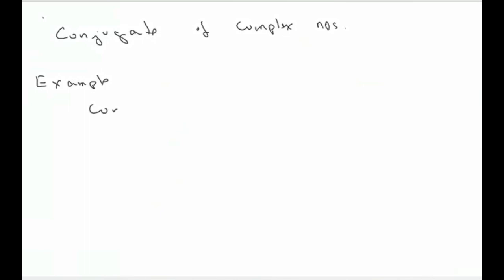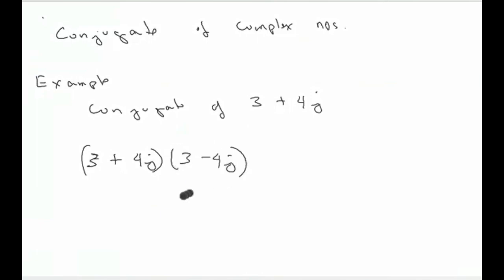Let's find the conjugate of 3 plus 4j. To get the conjugate of 3 plus 4j, we take the same complex number but with an opposite sign. So this will be 3 minus 4j.